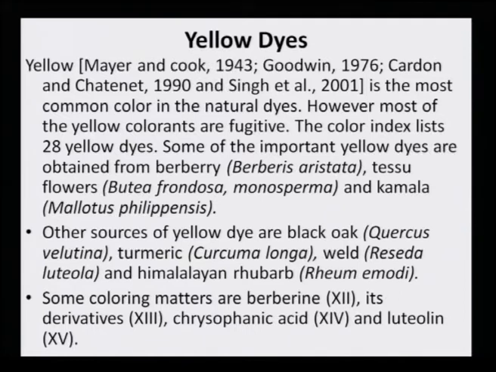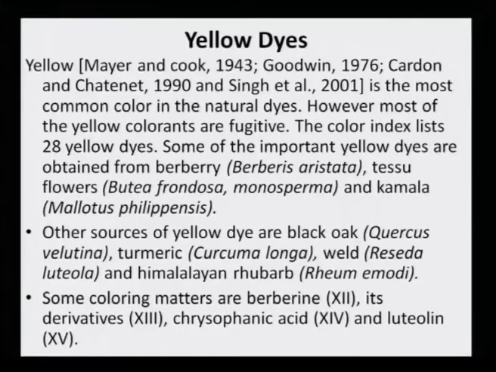I just gave you an example of turmeric. We saw how turmeric dye, although it dyes very well, runs off in the first wash, and by the second wash no color is left on the fabric. So, such a dye will be considered a fugitive dye.